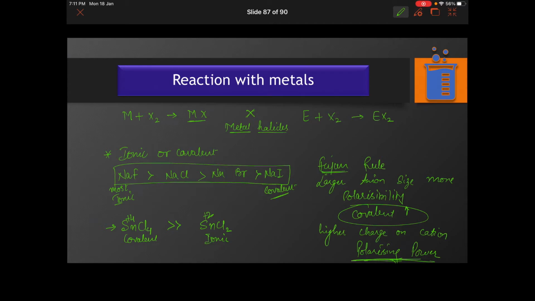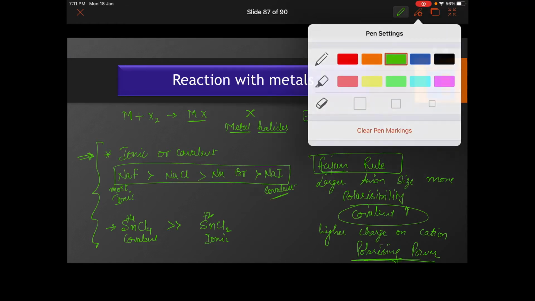That's simple, very easy reaction, right? Reaction with metals, and this is something where the questions will be made from, right? Metal halides will be given and you will be asked to comment on the ionic and covalent character. So just do that and you are good to go with this. Just simply remember Fajan's rule. Yes, so that's all with the reaction with metals.